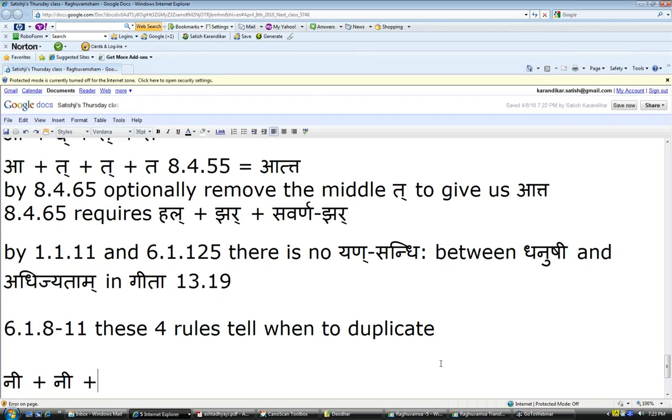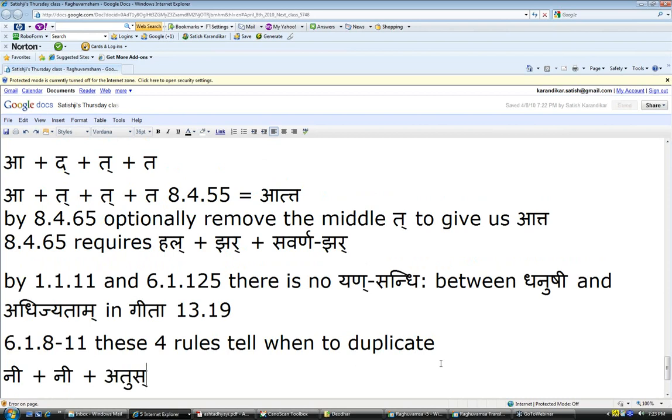I'm putting this here because I want to go to the sandhi rules to see what happened. We have ni plus atus. We should start with ni plus lit, then do halantyam, upadeshe 'j anunasika it, and lasya, tip tas jhi. So you had ni plus tas. At that point you can do the abhyasa, make it ni, and also make the substitution of tas by atus.